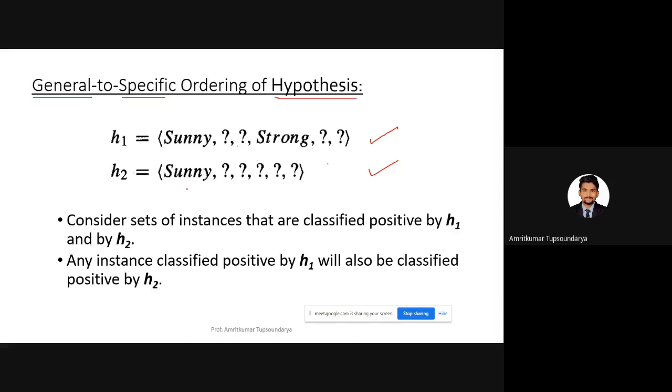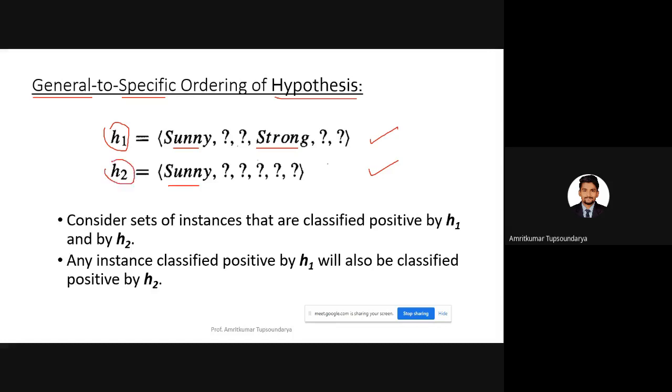Now, because H2 imposes fewer constraints, you can see we have only one constraint in H2 and two constraints in H1. By constraint, I mean we are giving a specific value: H1 should have the first attribute as sunny and the fourth attribute as strong.